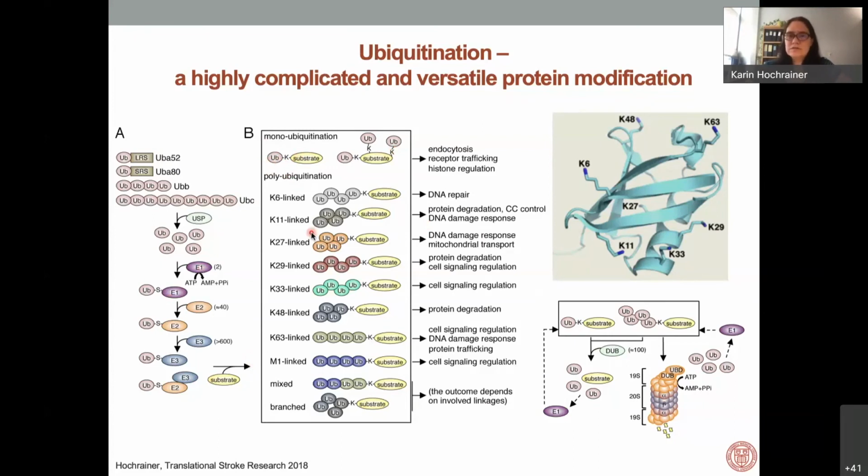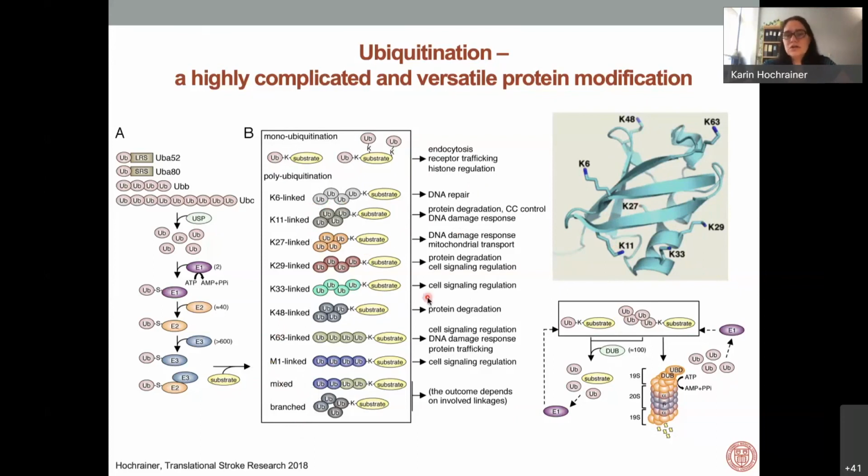This is possible because ubiquitin itself contains seven internal lysine residues that are depicted here in blue in this three-dimensional structure. It can use any of these lysines internally to form chains. In addition, it can also make chains via its N-terminal methionine. The chains can be pretty complicated. They can actually be mixed or branched.